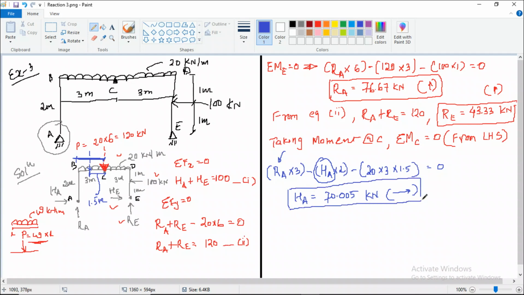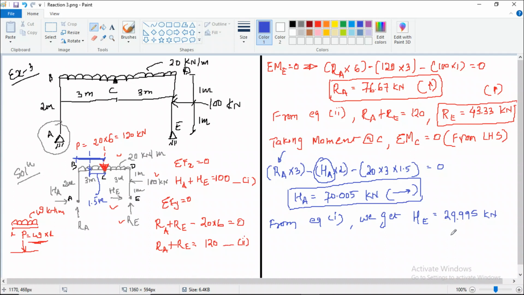Now we need to calculate the value of HE. So from equation number 1, we will get HE value as 29.995.